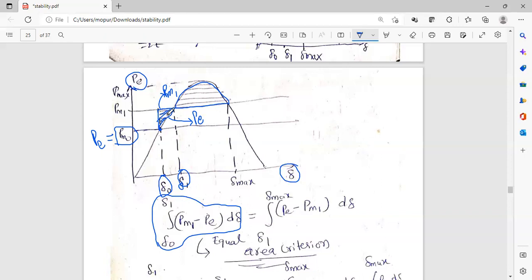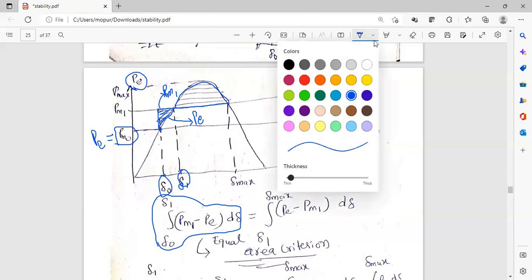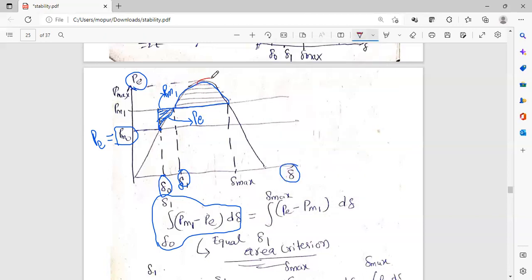Now, as I said, for stability we should equate this with this. What is this area actually? Here, on the upper side we have Pe, and on the lower side we have Pm1, and this point is delta max.